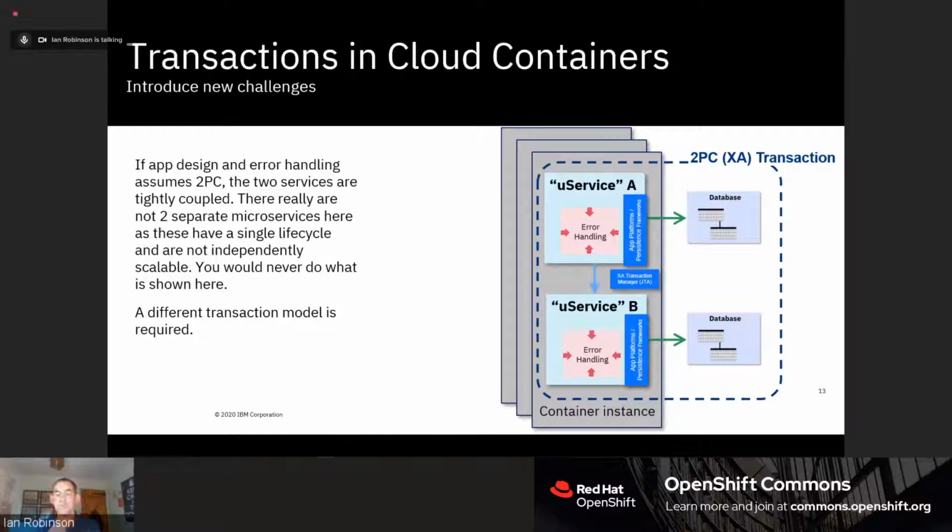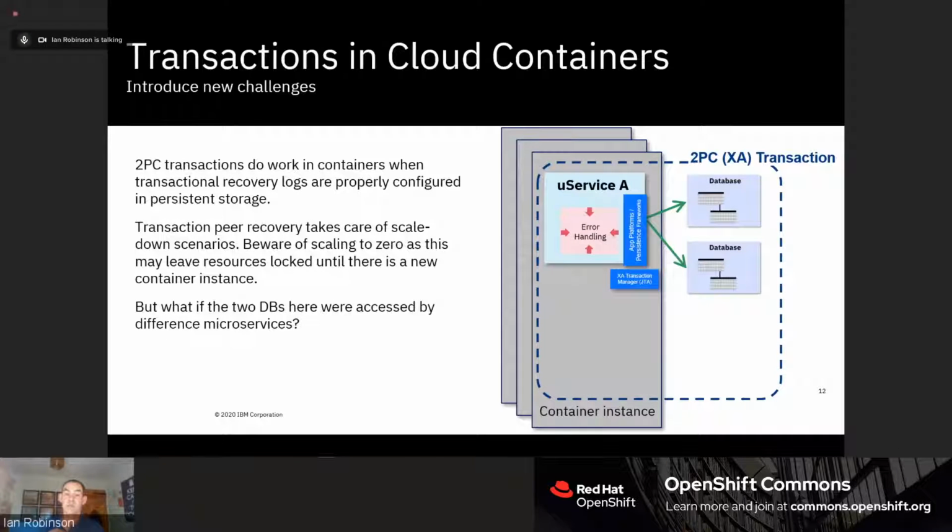And the reason for that is because they are going to be so tightly coupled together to the extent that they succeed or fail together, that there is actually no point in deploying them in separate container instances because their life cycle cannot be decoupled. There's no advantage with putting those in separate container instances. And there's not actually any difference at all between this picture here and the one we had before.